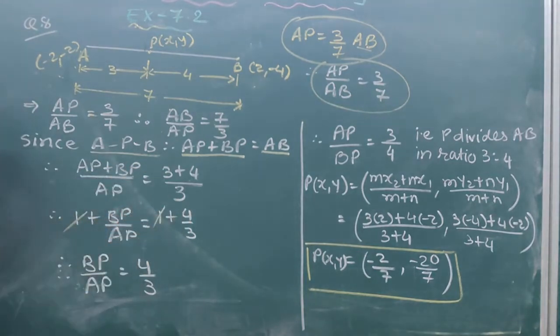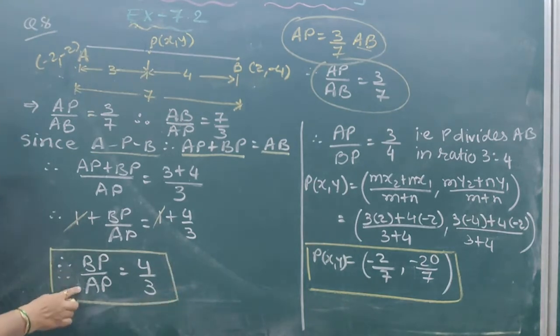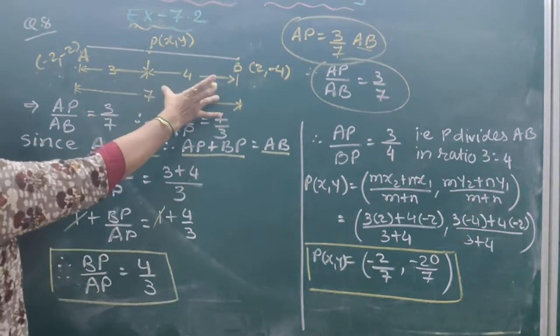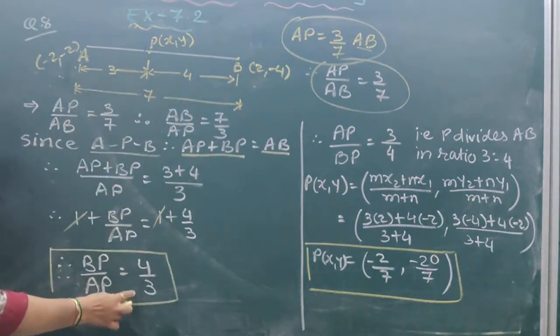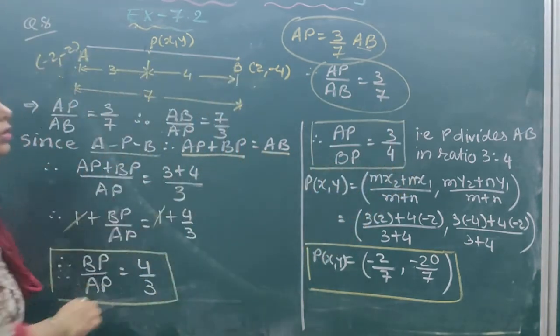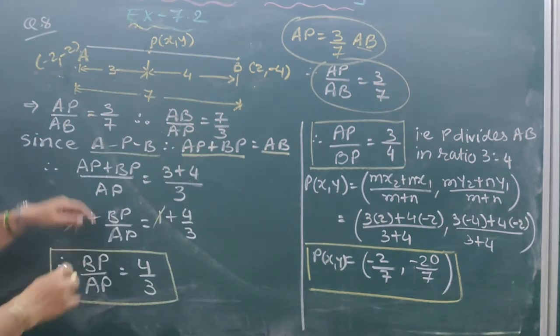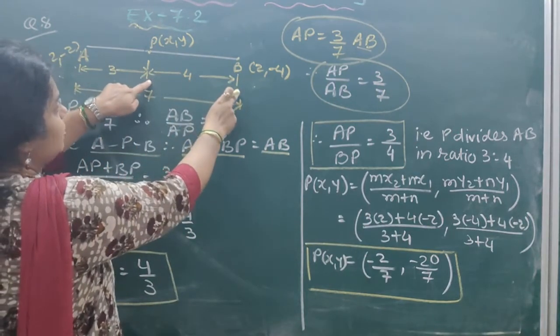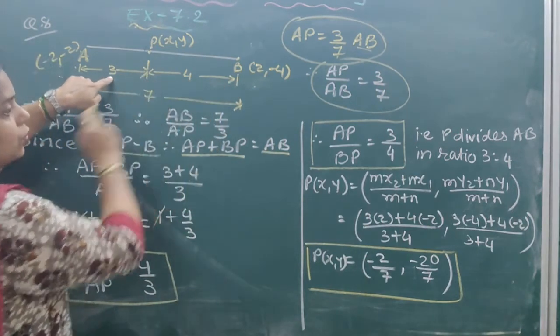The 1 cancels out from both sides. So finally I got that BP by AP, this portion by this portion, is 4 by 3. And I reverse it to get the idea about the ratio, that AP by BP is equal to 3:4.